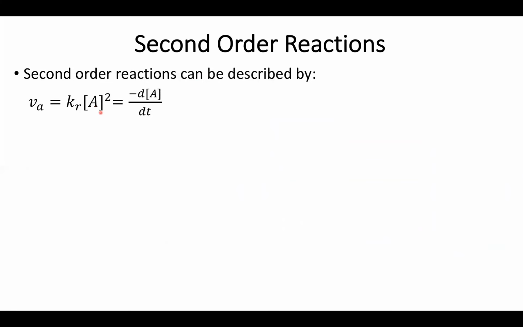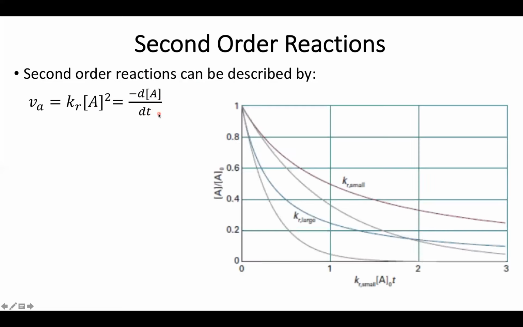And again, we can treat this with the same analysis of watching how the concentration of A decreases with respect to time. And we are also going to want to integrate this form, which means we want to move all of our time dependence to the left-hand side and all of our concentration dependence to the right-hand side.